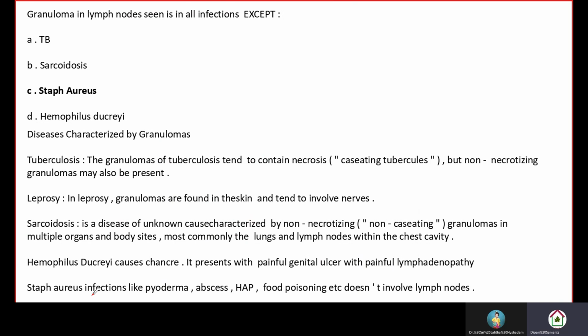Granulomas are not found in Staphylococcus aureus. In Staphylococcus aureus, there will be infections like pyoderma, abscess, HAP, food poisoning, etc., and it doesn't involve any lymph node.